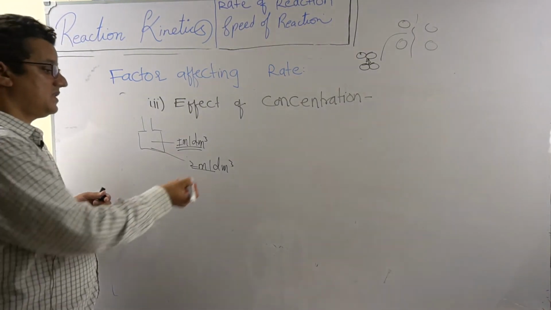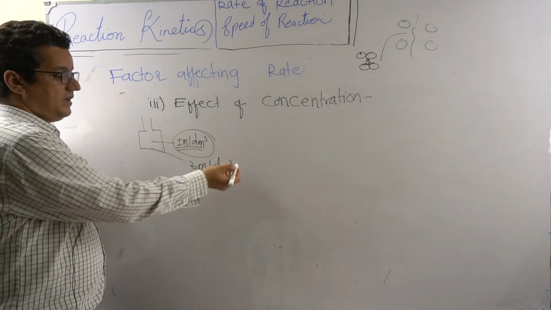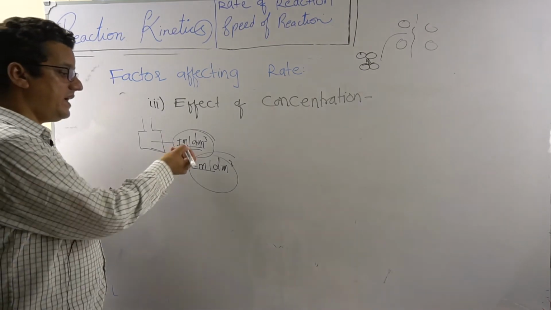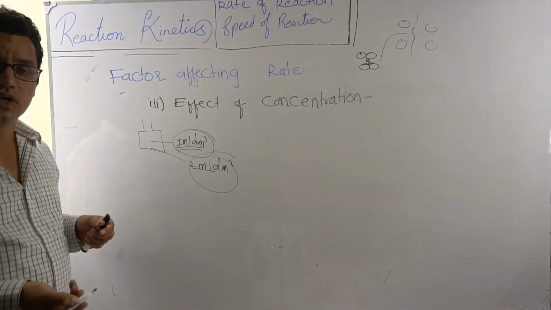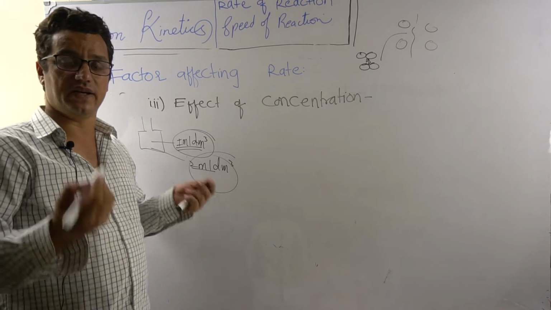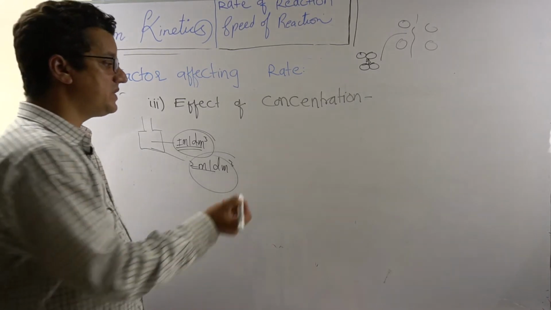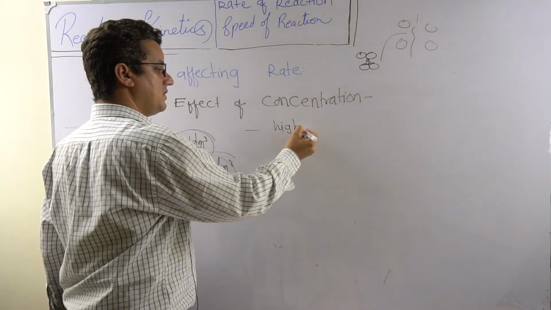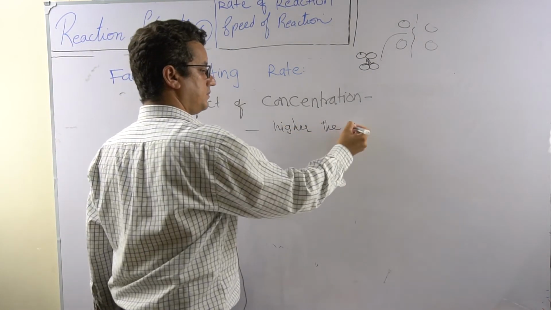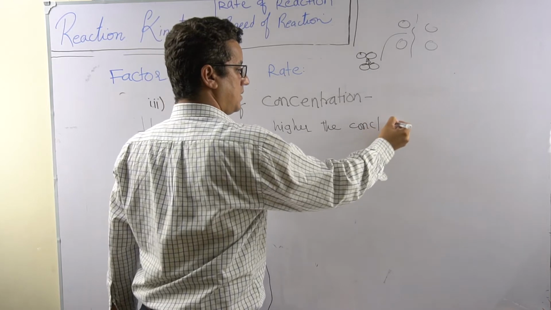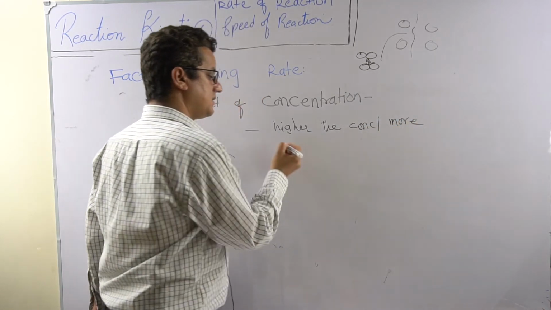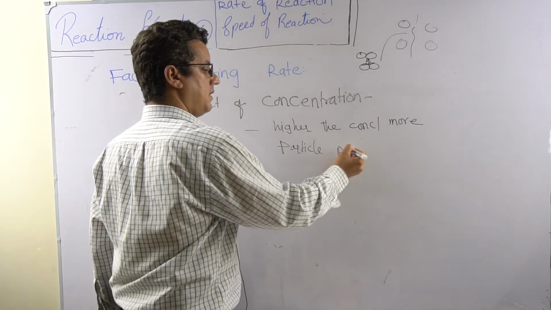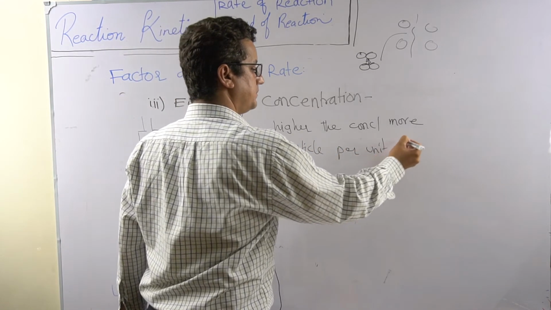Okay, if it is highly concentrated, then it has more particles present in a certain volume. Less concentrated, fewer particles present in a certain volume. So concentration is a very decisive factor again. Higher the concentration, more particles per unit volume.